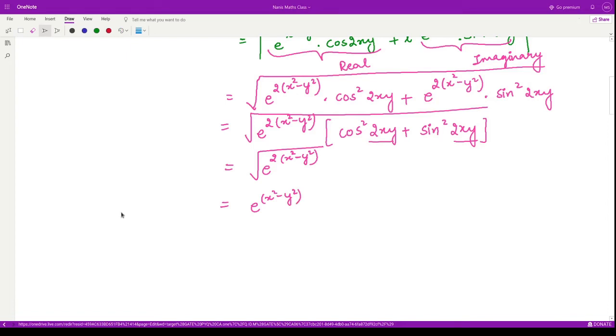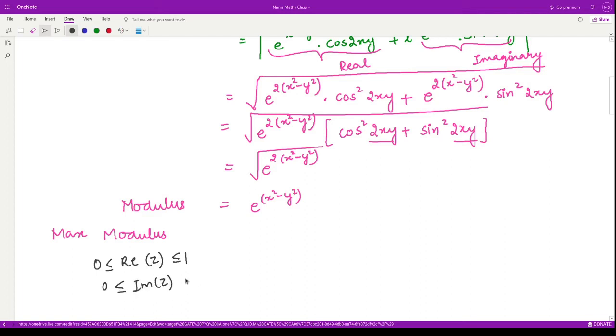So this is the modulus of the given term, and in order to calculate the maximum modulus, we are given that the real part of z lies between 0 to 1 and the imaginary part of z also lies between 0 to 1. So we are given these bounds.